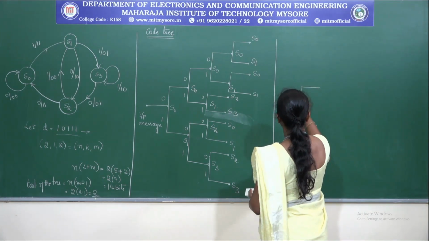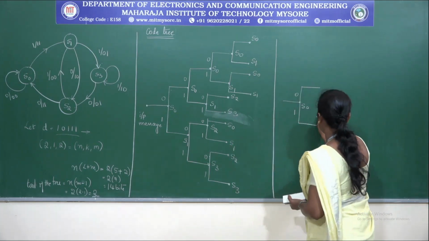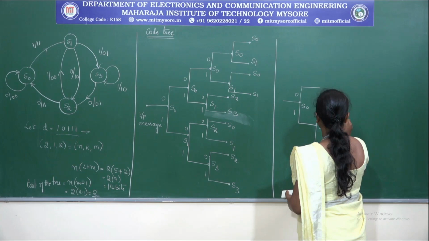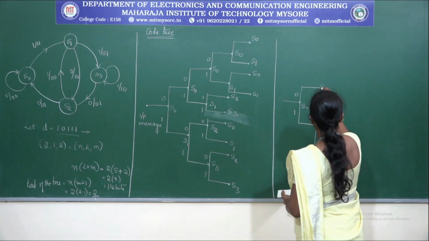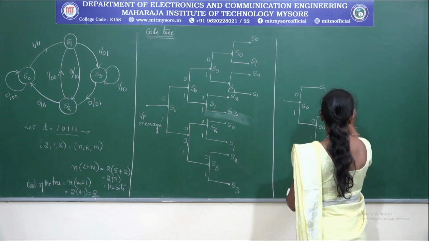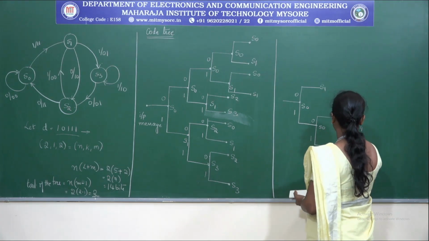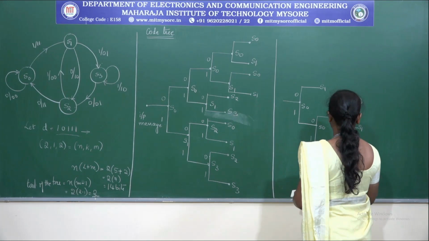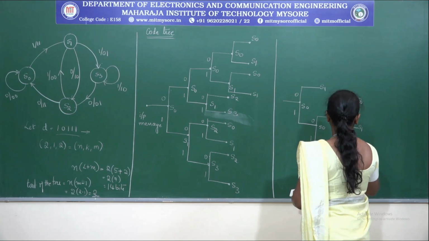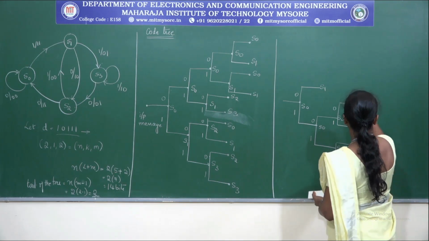So this is your S0 with 0 and 1. So now we are considering from here. So this is S0, S0 and S1. So it is input 0 and 1. So further, this is S0, 1 with input 0 and 1. So your S1, with input 1 it moves to S2, and with input 1 it moves to S3.